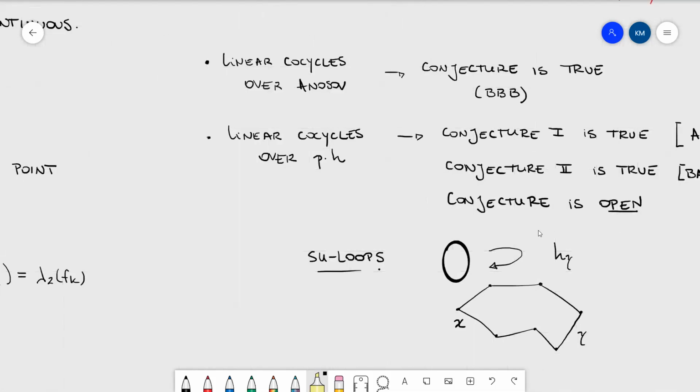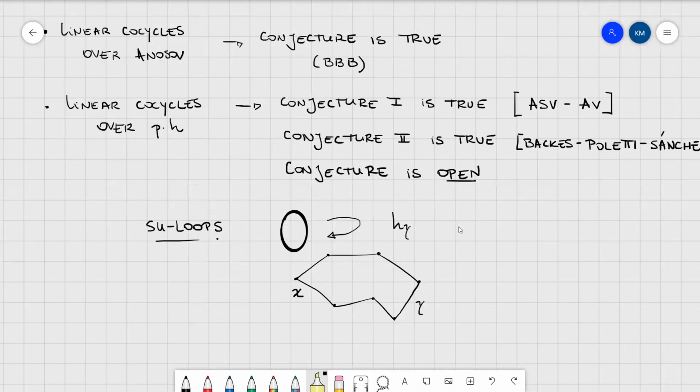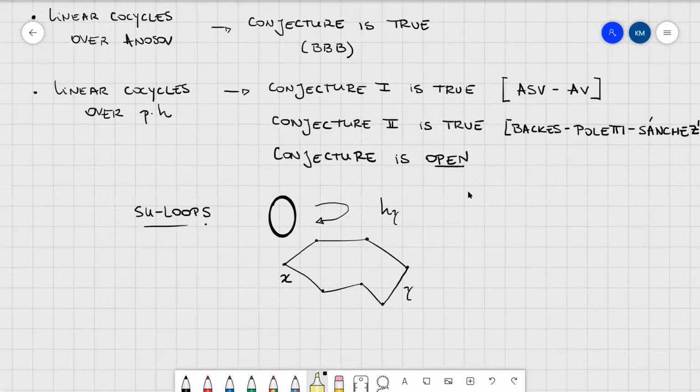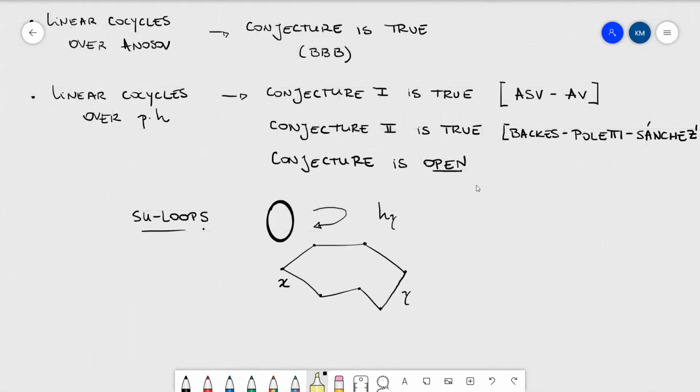As we already have seen, for linear cocycles over Anosov maps, we know that the general conjecture is true. And this is the result of Backes, Brown, and Butler. So here we do not need to worry. Of course, conjectures 1 and 2 are true because they are weaker than the general conjecture.